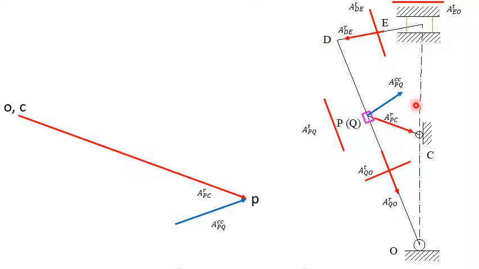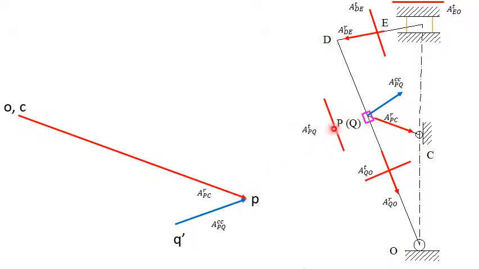I'm going to name this one as Q dash, because we have another component to represent. Okay, so this line represents the Coriolis component of PQ. Direction should be towards P. For this also direction should be towards P.